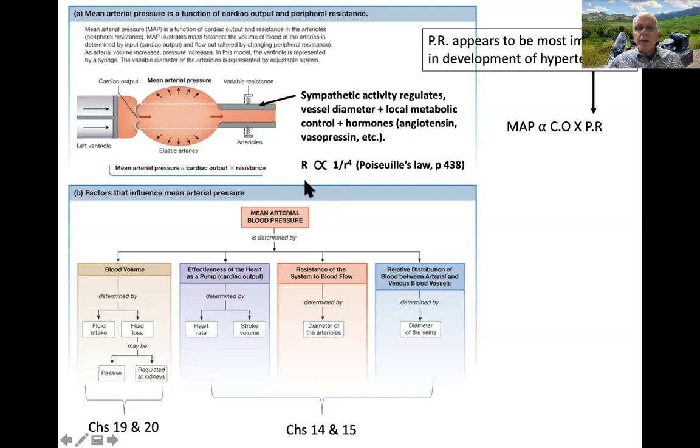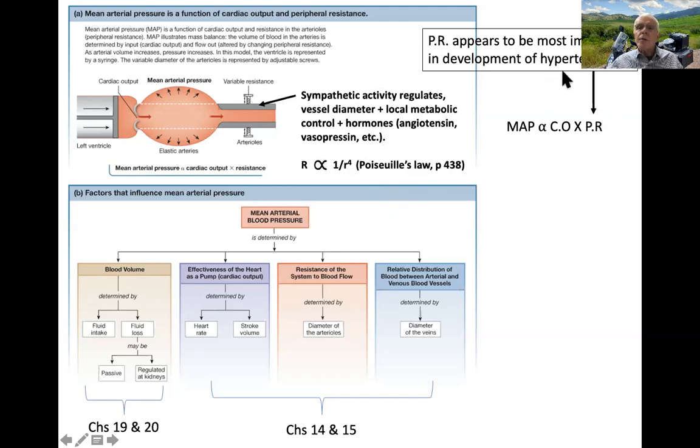And I'm just reiterating again here, remember when we talked about the physics of blood flow, we said that resistance is proportional to 1 over the radius to the 4th power. Viscosity doesn't change, length of vessel doesn't change. What's important though is the diameter of the vessel. And as you'll see, all of these factors will regulate vessel diameter and therefore resistance to the flow downstream.